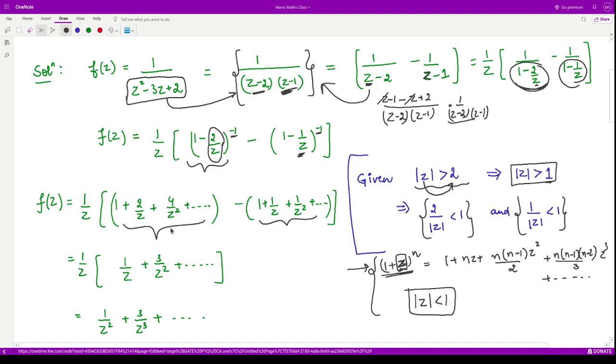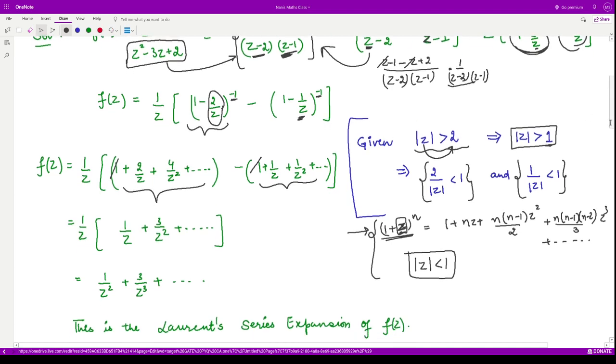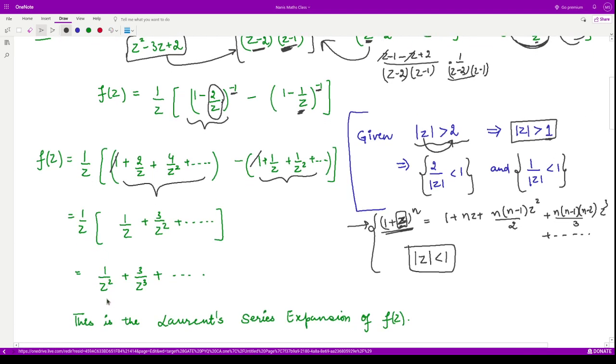Now you can very easily simplify this. 1 and 1 cancel. 2 upon z minus 1 upon z would be 1 upon z. 4 upon z square minus 1 by z square would be 3 by z square, and terms like this go on. Moving on, it would be 8 upon z cube minus 1 upon z cube, so 7 upon z cube, right? And then 7 upon z power 4 and terms like that.